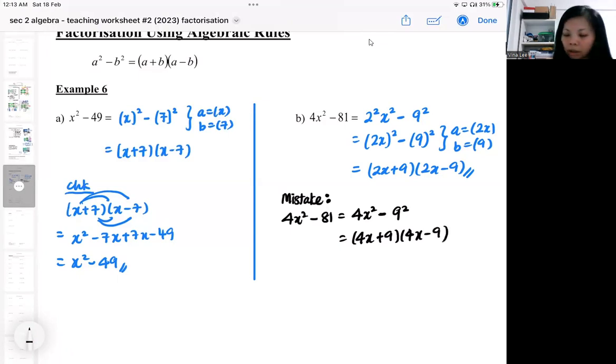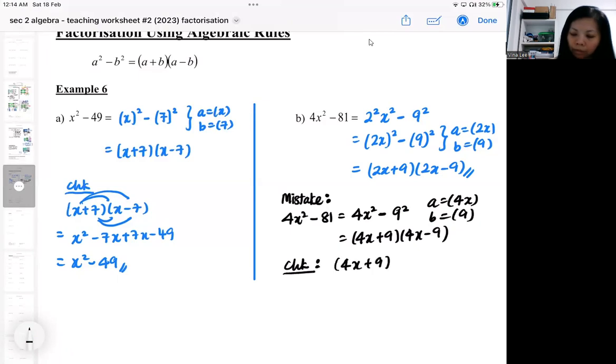When the student gave this, they are telling me that A is 4x and B is 9. And if this student goes and checks back with the arrow, the student will get something like this.